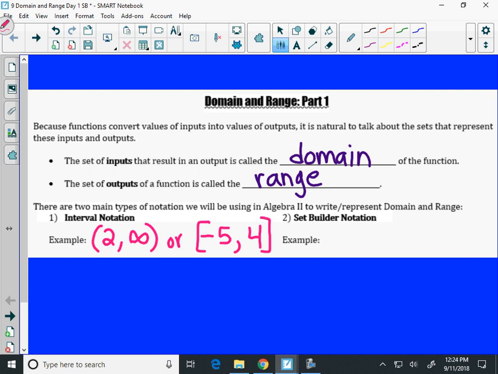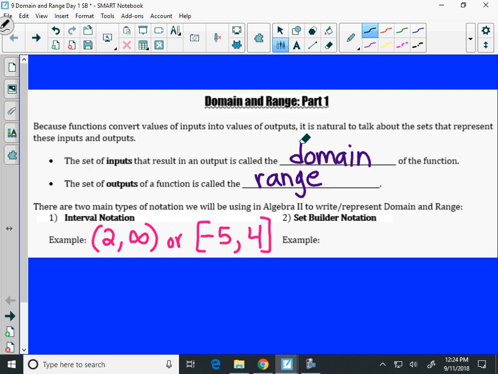The other notation is called set builder notation. I know I'm bringing up geometry again, but do you remember when you did probability? When you had sets for probability, what you put around the sets to show you that it was a set? No? The squiggly brackets. So your set builder notation is going to be different. That's the only geometry reference for the day.